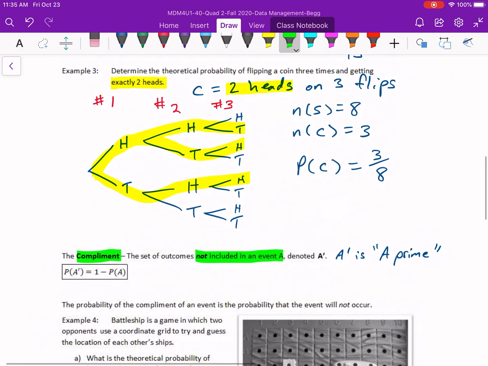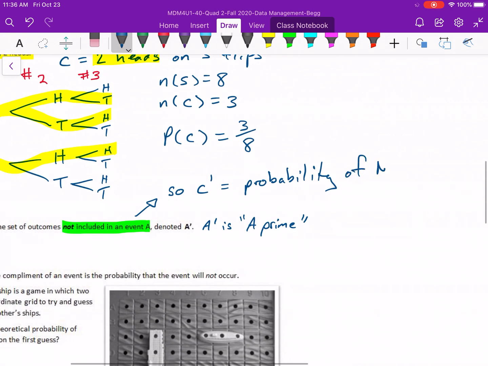If we go back to example 3, the probability of getting 2 heads we saw was 3/8. And we represented the event as event C. So C prime from this example is the probability of not getting exactly 2 heads.